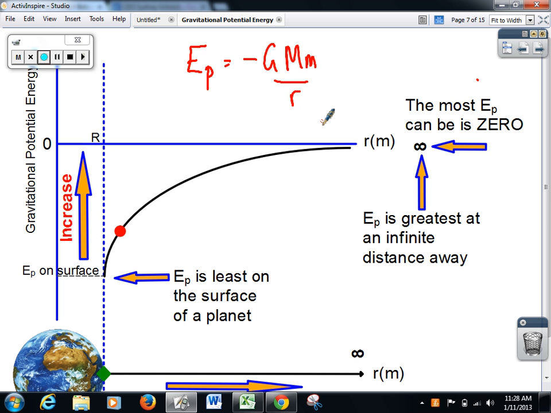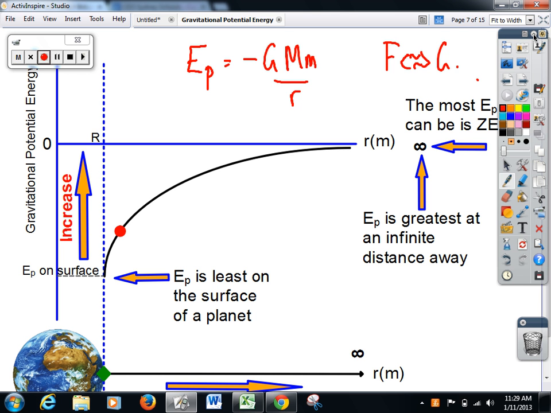That would make it a force. So F and E_p are somehow related to each other. Okay? Sorry, not G, that's not G, that's meant to be E_p. So there's a relationship between them. And I'm going to describe that in a few moments, but I don't want to cloud the water here.